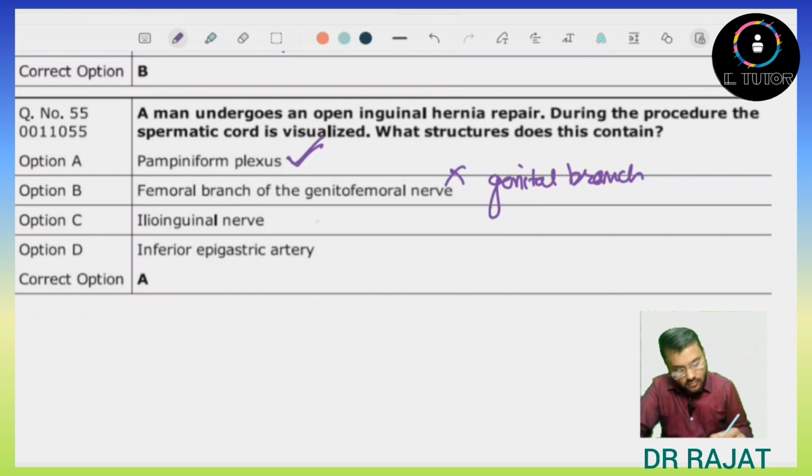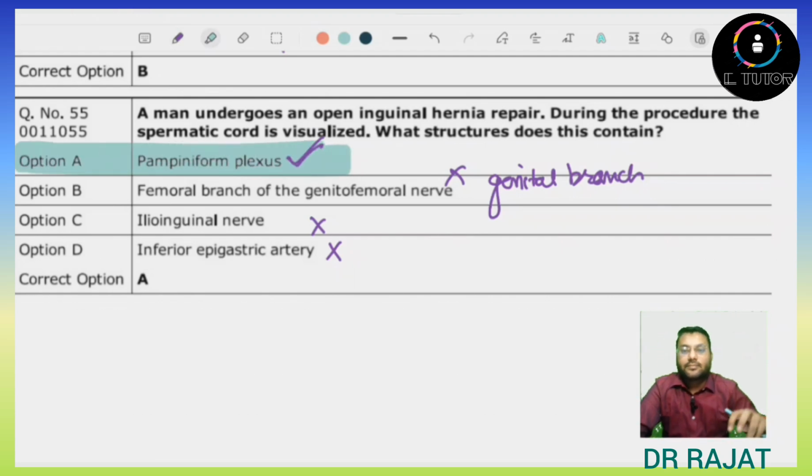Ilioinguinal nerve. No. And inferior epigastric artery. No. So only from the given options, pampiniform plexus is present. And if they talk about the genitofemoral nerve, then genital branch is present, not the femoral branch. So answer here will be option number A, pampiniform plexus.